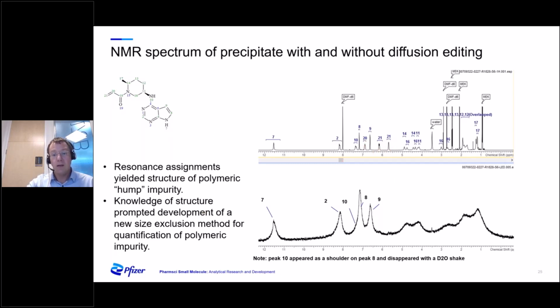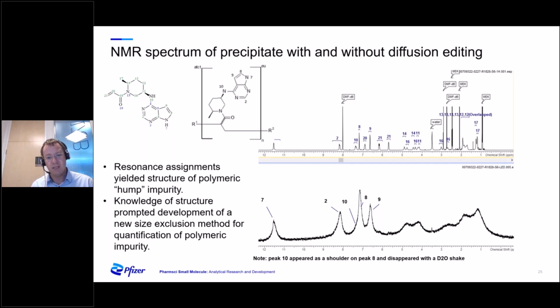So what we know is that the impurity is related to rituximab because it has many of the same peaks, that the aromatic region is still intact, but that this olefinic region has changed. So this suggests that you're getting polymerization through this olefinic region, that you're not getting the Michael addition polymers, and that therefore the structure of the impurity is this, and that it's a polymeric impurity.